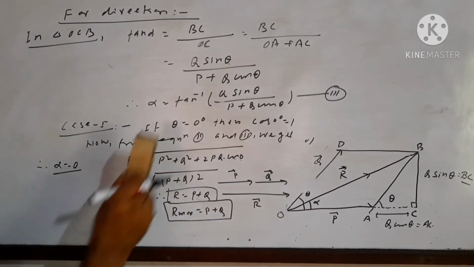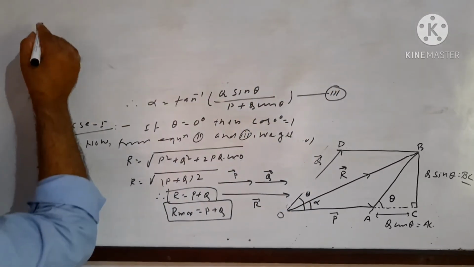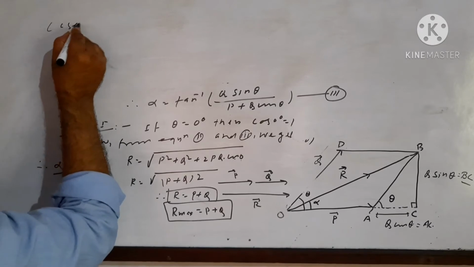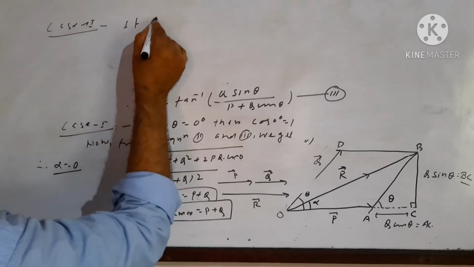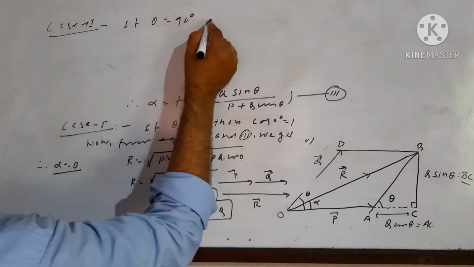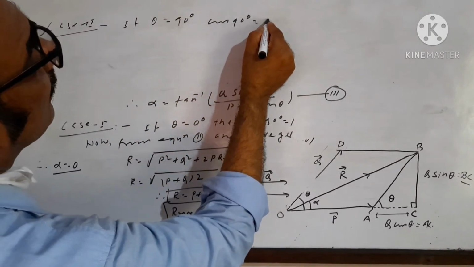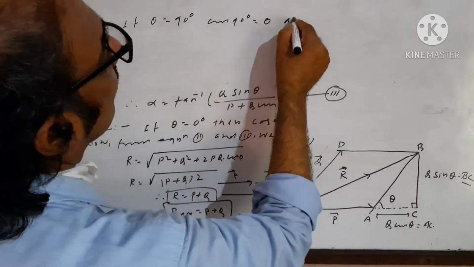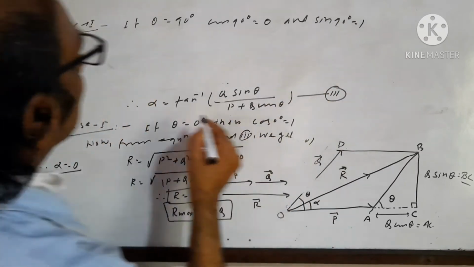Now the second case, case number 2. If theta equal to 90 degree, cos 90 equal to 0, and sin 90 equal to 1.